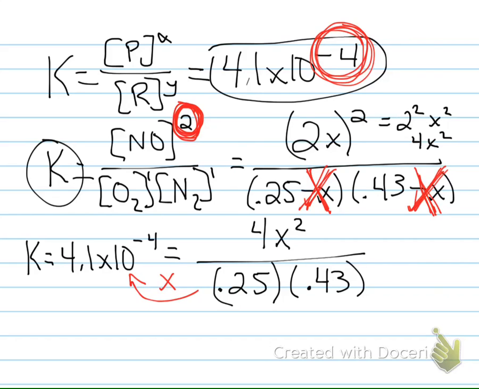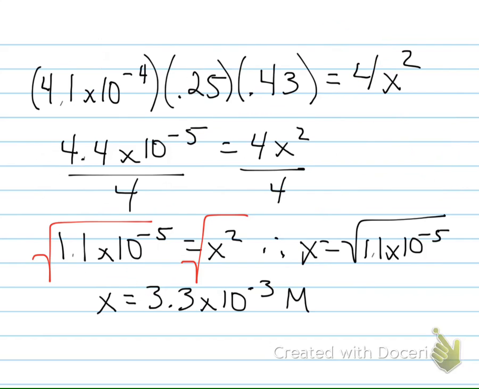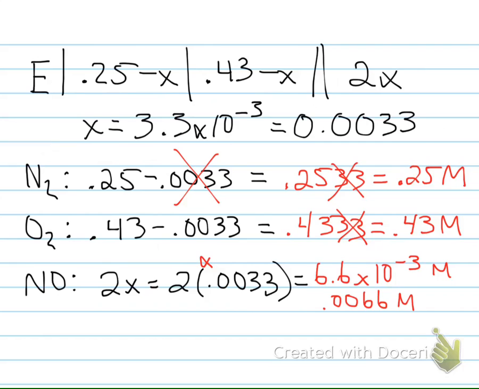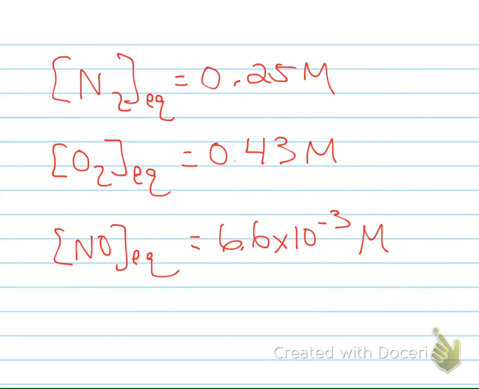This mandates that we have this x squared and even this 4x squared value. And so our algebra is a little bit more complicated, but not much. Take the square root value here, solving for x, plugging the x's back into your E values from your RICE table, and we get final values for our equilibrium concentrations of certain species in this equation.